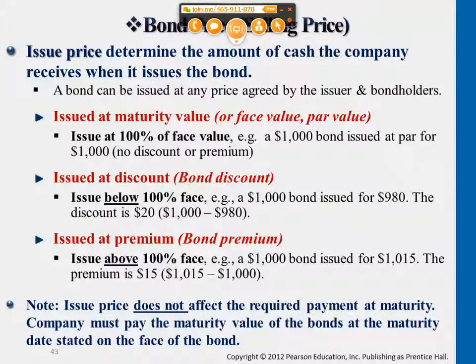So in this case, companies often will be able to issue bonds at a premium. A premium is a dollar amount above $1,000. So it could be $1,200, $1,100. As long as it's above face value, it's called a premium on bonds. And the premium refers to the difference between the dollar amount that the company is actually able to borrow and the dollar amount stated on the face value of the bond, the maturity value.